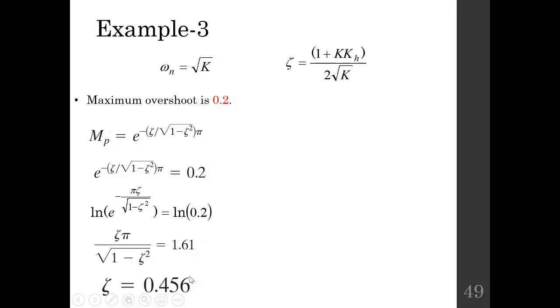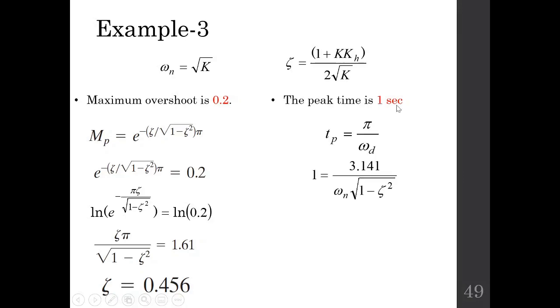Next, we'll find out omega n. For that, we'll be using the peak time, which is already given to us as 1 second. We know that the peak time is equal to pi upon omega d, where omega d is equal to omega n under root 1 minus zeta squared.